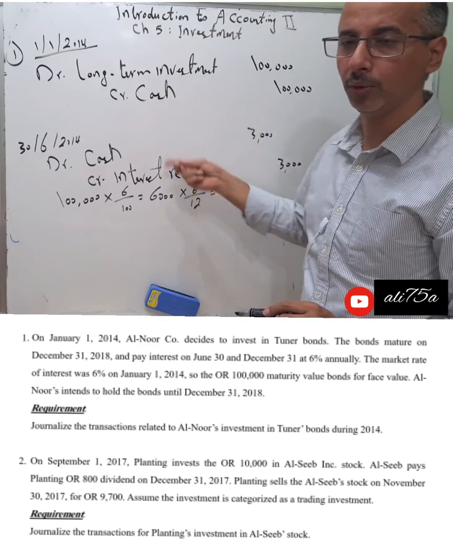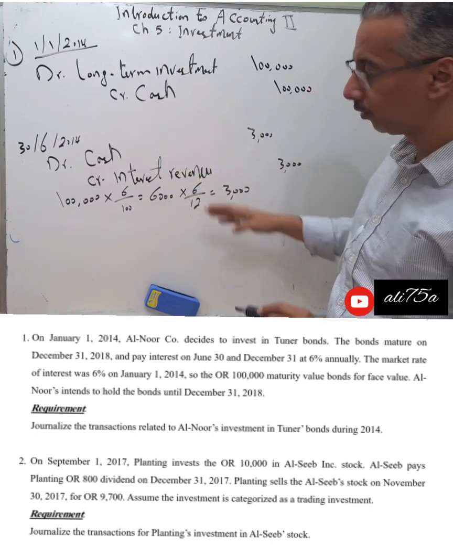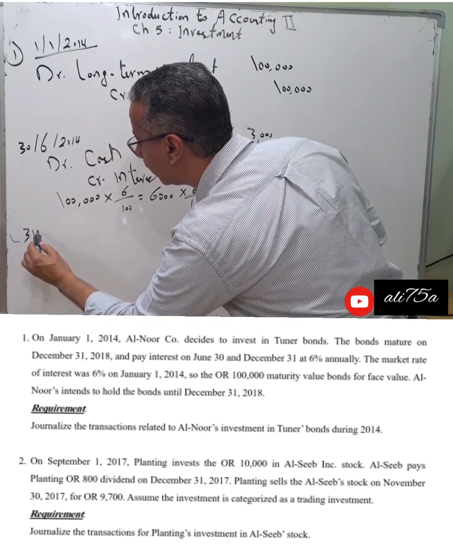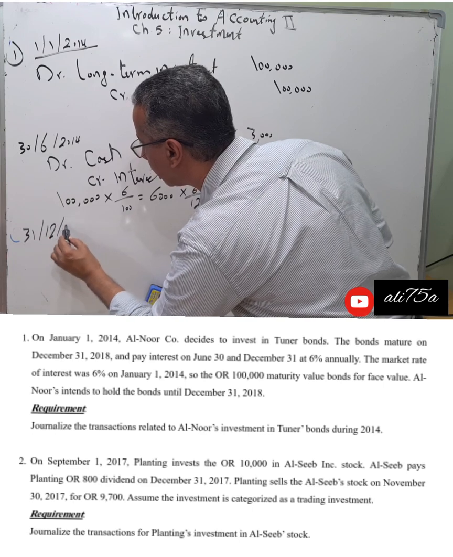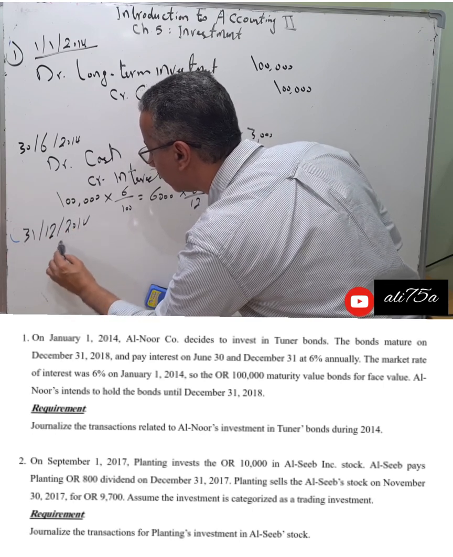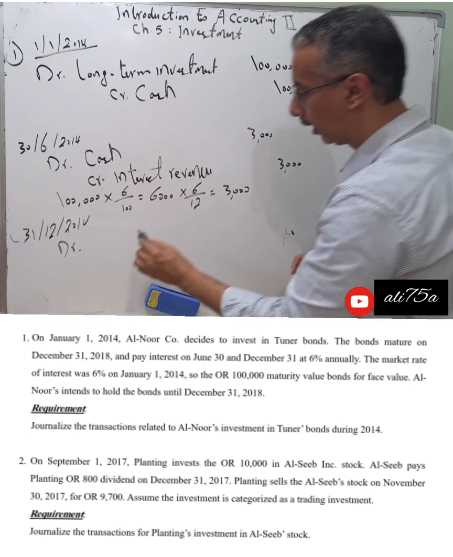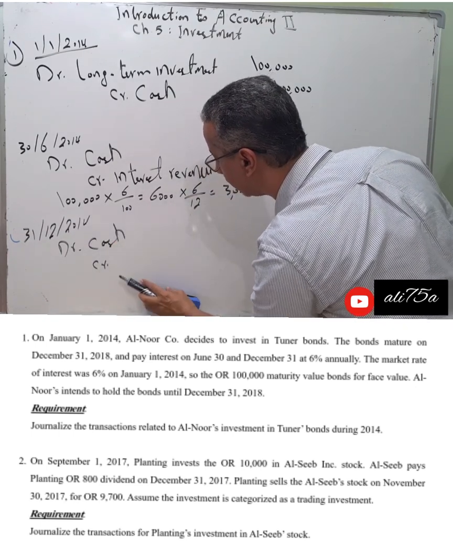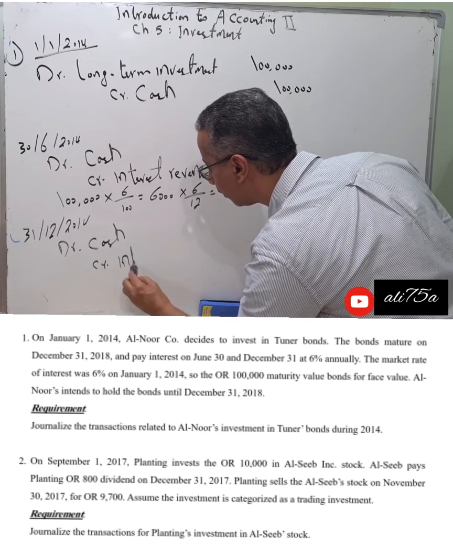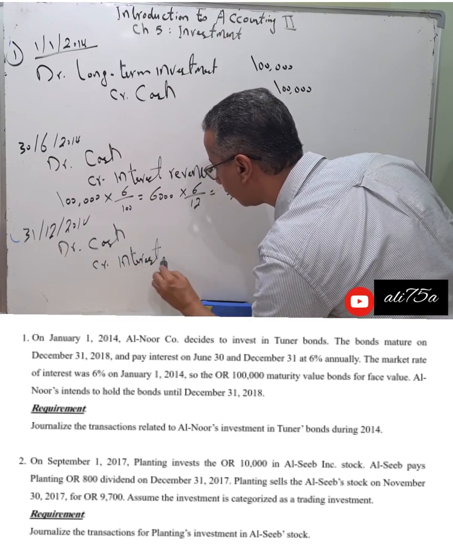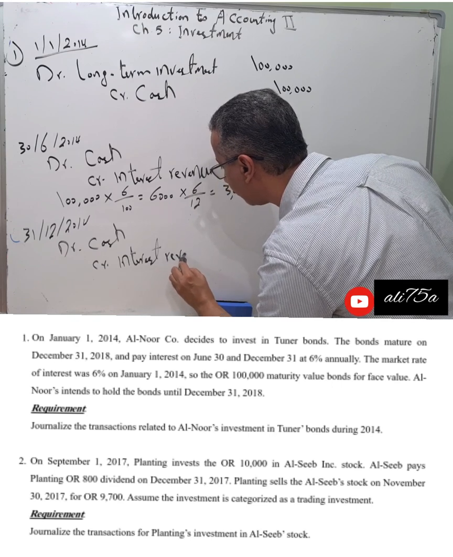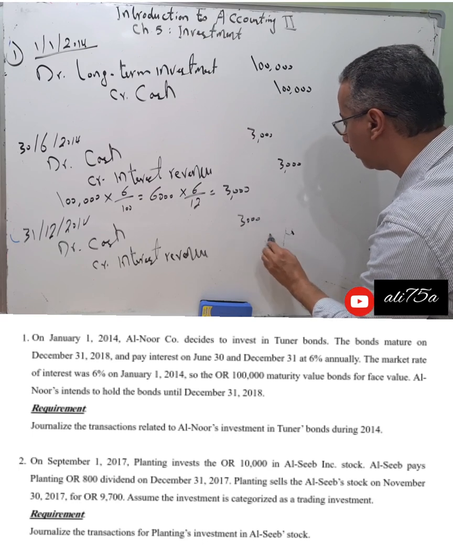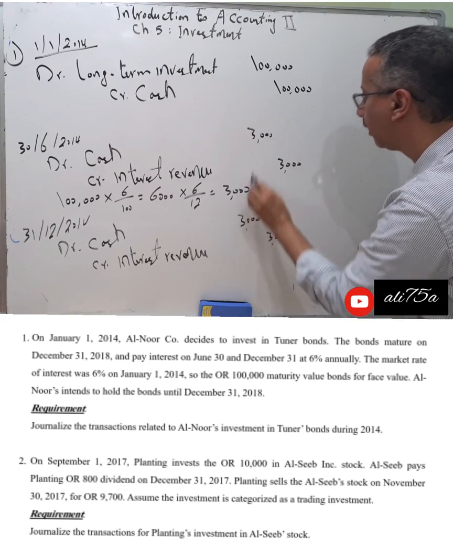Again, the same journal entry will be repeated at each period for the remaining life of the bonds. Here we talk about the end of year, 31st December 2014. Again, debit cash and credit interest revenue, 3,000 on the debit side as well as 3,000 on the credit side.